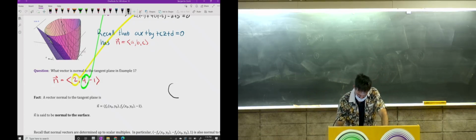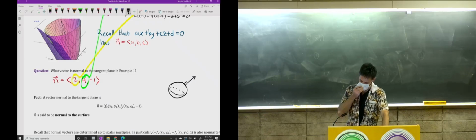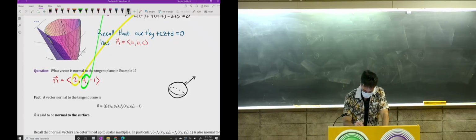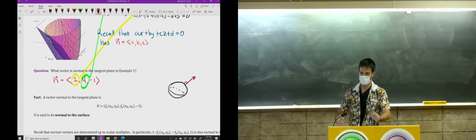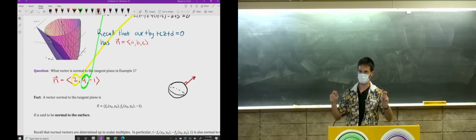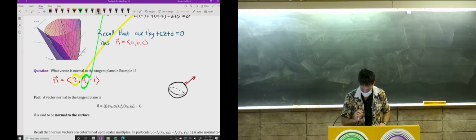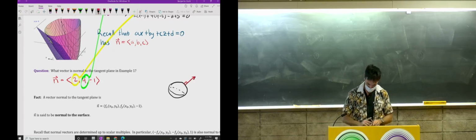The image of what a normal vector looks like is that it makes a right angle with the curved surface, if you can visualize that. So this is what a normal on the side of a sphere would look like. It's perpendicular to the surface of the sphere. That's the same as saying it's perpendicular to the tangent plane to the sphere at that point.